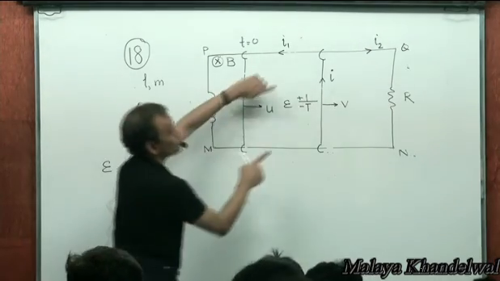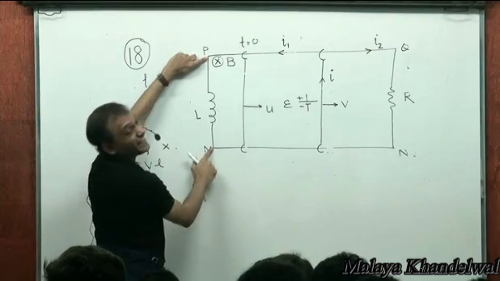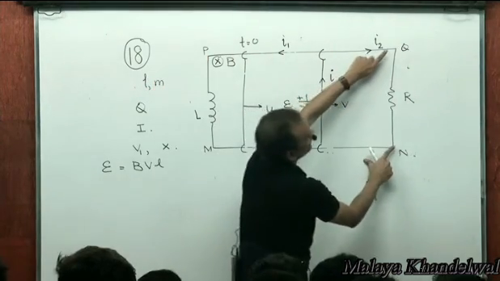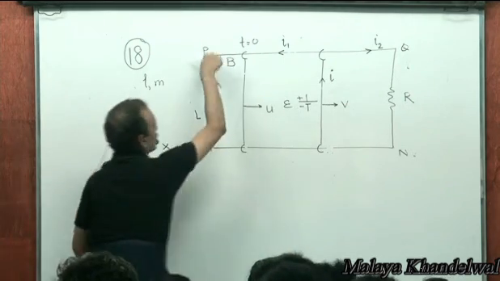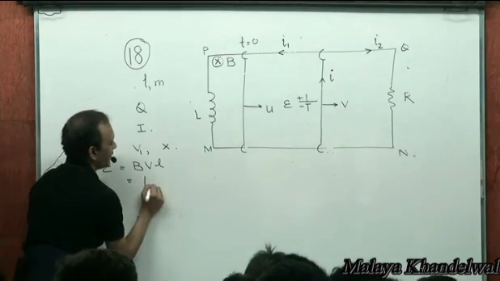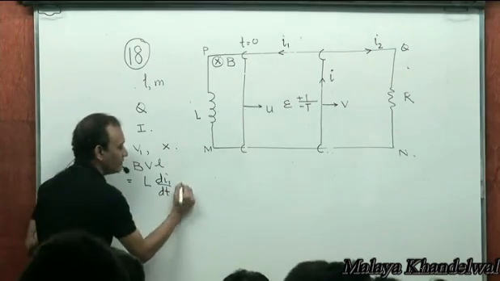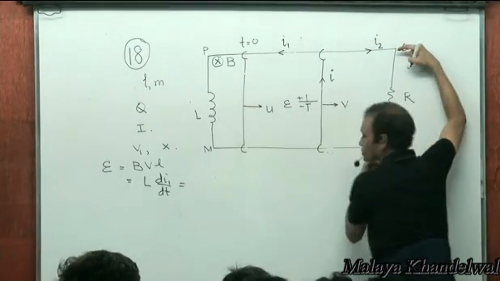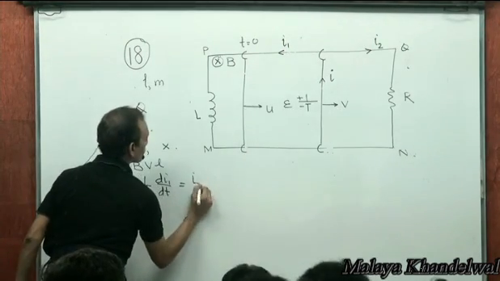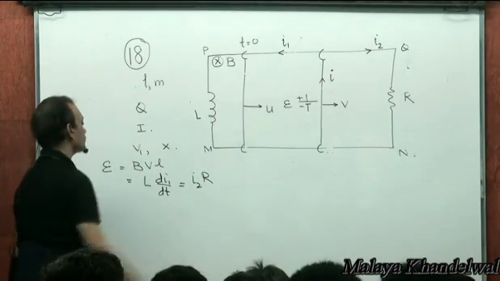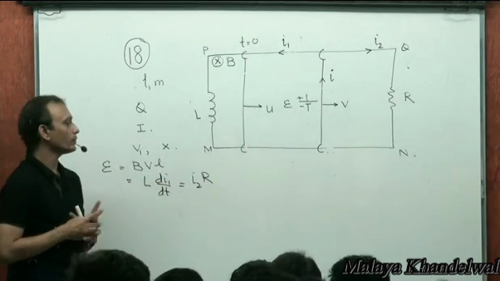But the drop here BvL will be the same as the drop here. The drop here will be L di1 dt. The drop here would be I2R, right? So BvL will be equal to the drop across the inductor element, which is L di1 dt, and will also be equal to the drop across the resistor, which is in parallel, I2R. Yes or no? Right?